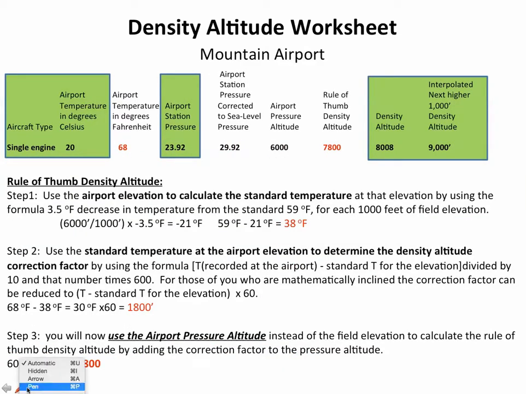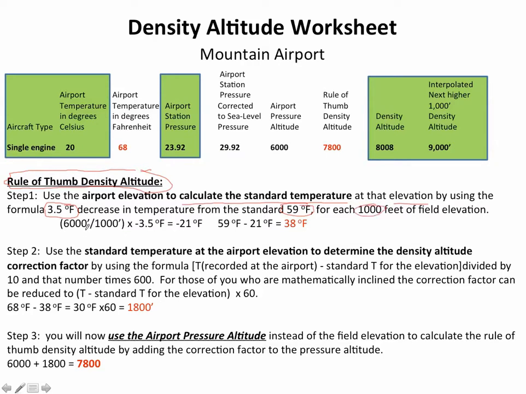Now, next, we're going to attack the rule of thumb density altitude. Well, we've got to calculate the standard temperature at elevation. And that says you've got to decrease standard temperature, 59 degrees Fahrenheit, for each 1,000 feet.